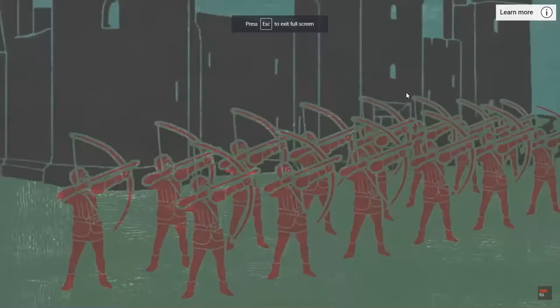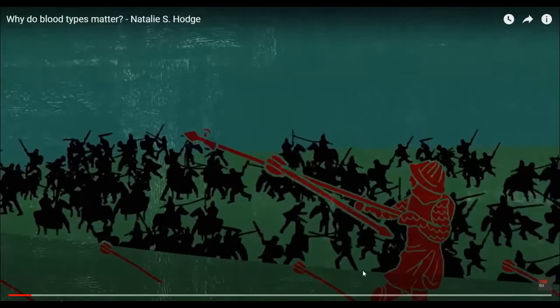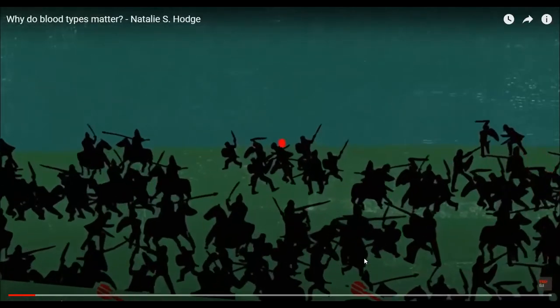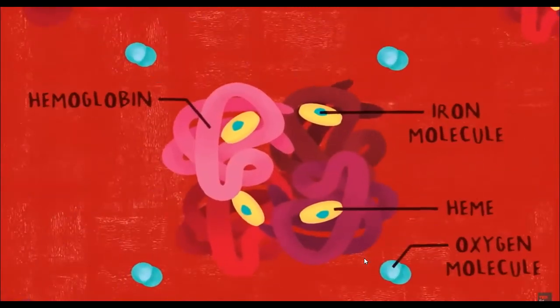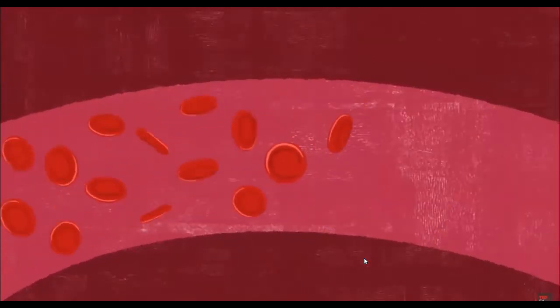It's often said that despite humanity's many conflicts, we all breathe the same blood. It's a nice thought, but not quite accurate. In fact, our blood comes in a few different varieties. Our red blood cells contain a protein called hemoglobin that binds to oxygen, allowing the cells to transport it throughout the body.